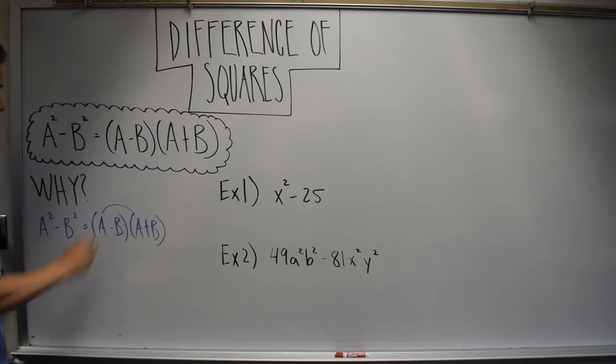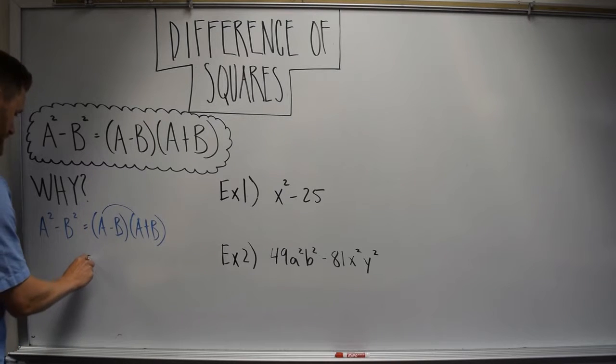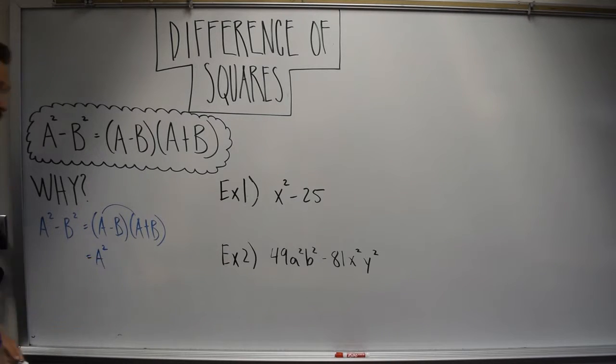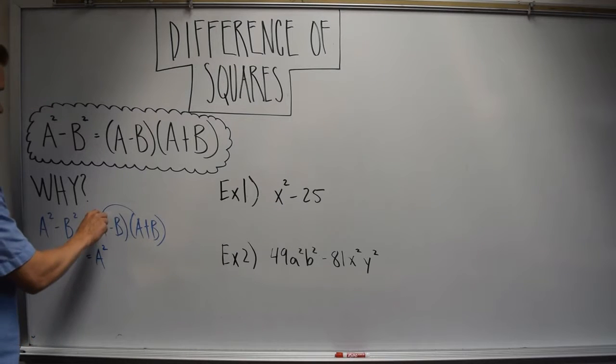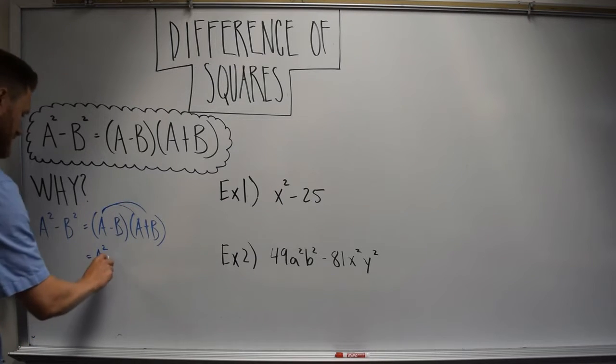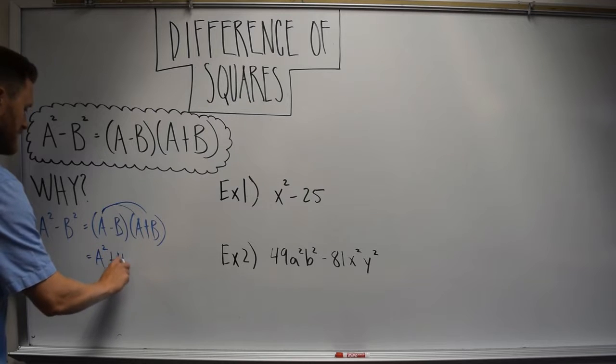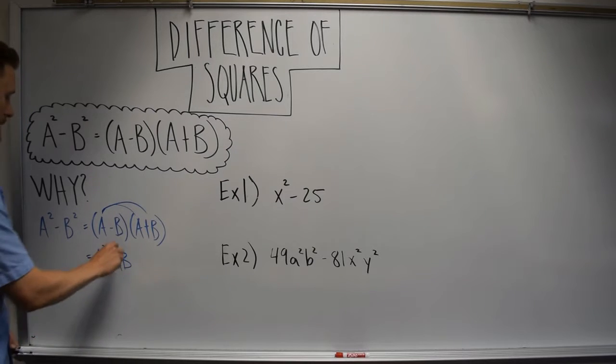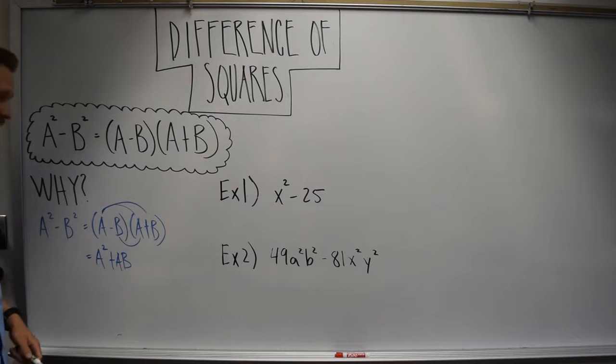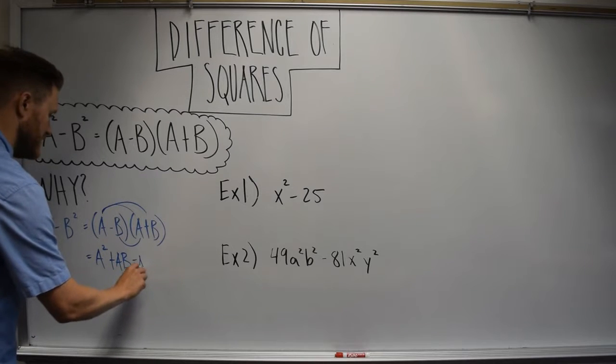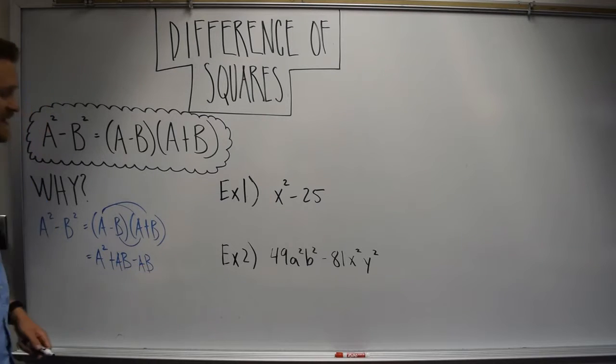If I do a times a, that gives me a squared. A times b gives me ab. Negative b times a gives me negative ba, but I'm going to write it as negative ab because it's the same thing.